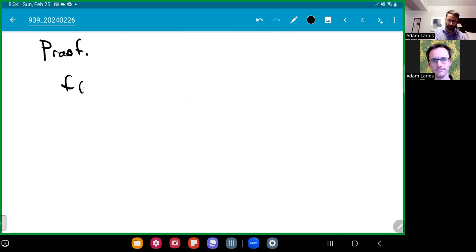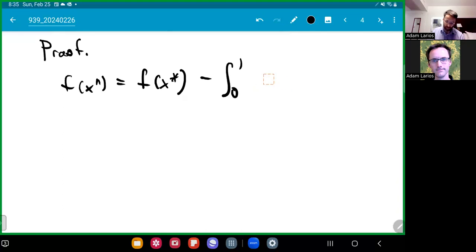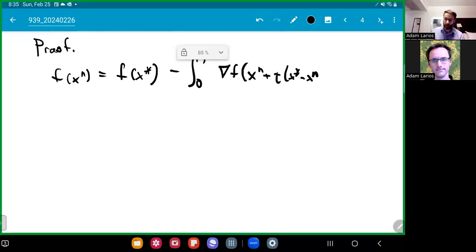If I have f of xn, I can rewrite this as f of x star minus an integral from 0 to 1 of f prime, and by f prime I mean the gradient of f, at xn plus t times x star minus xn. Let's write it down and then talk about it.